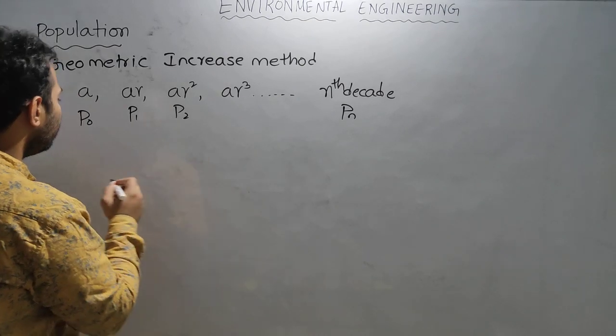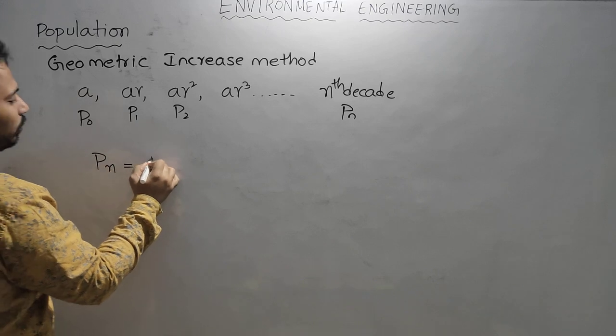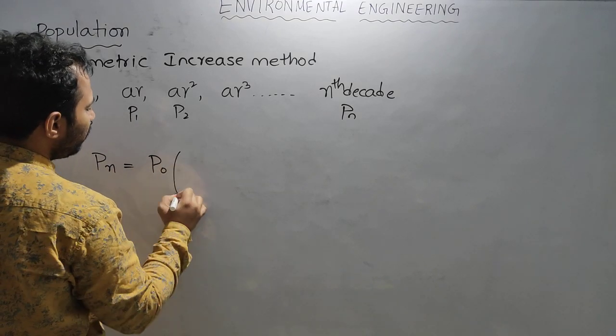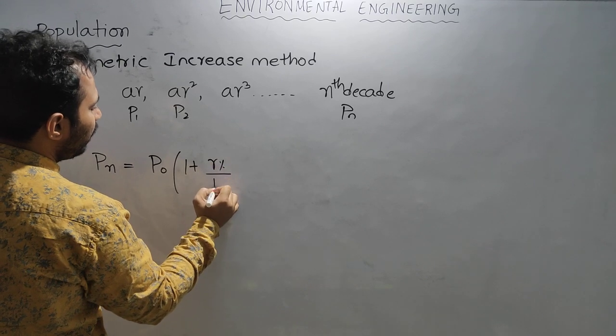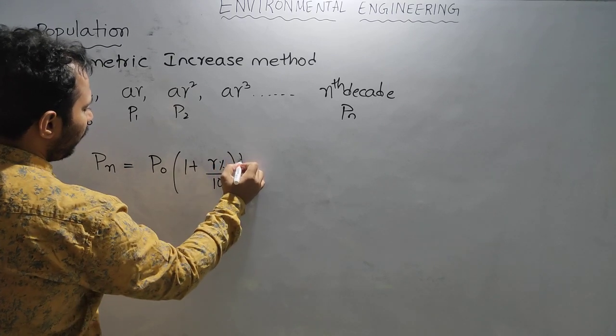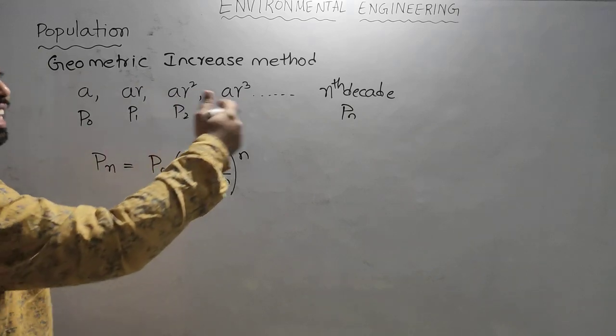The nth term is equal to P naught into (1 plus r by 100) whole to the power of n. This is the formula to find the nth term of a geometric progression, which is the population of the nth decade.